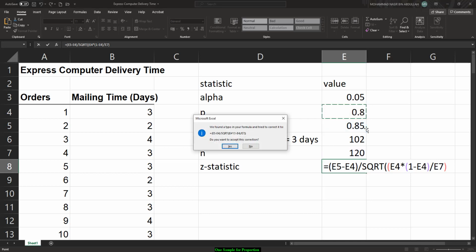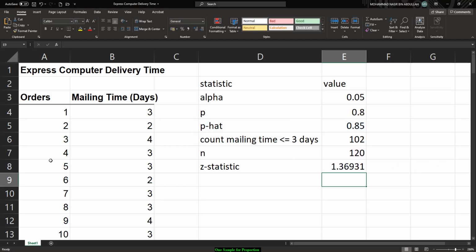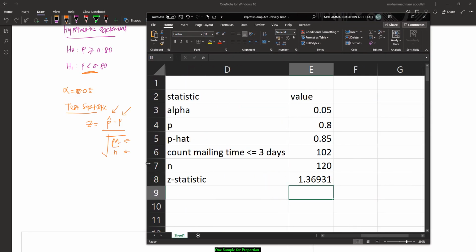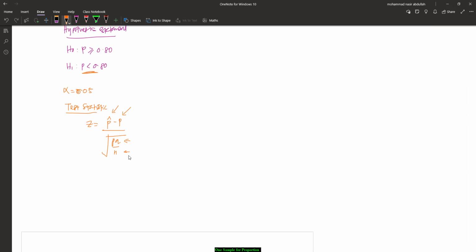Then we will get 1.36931. So this is the correct answer, right? So we already know the value of the z statistic is 1.369. So we put here 1.369, right?